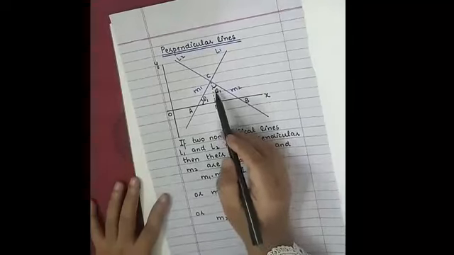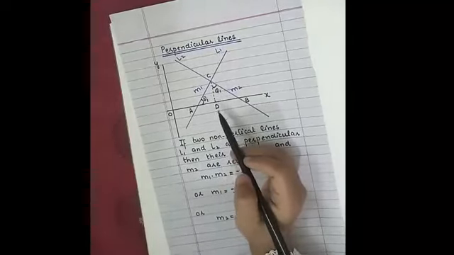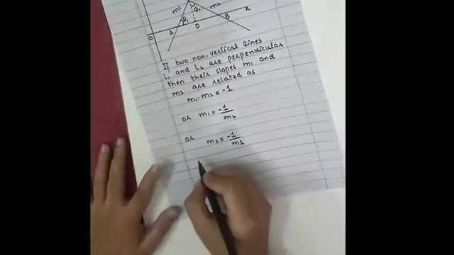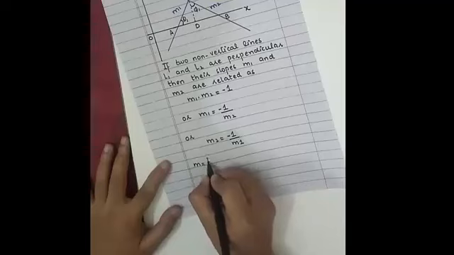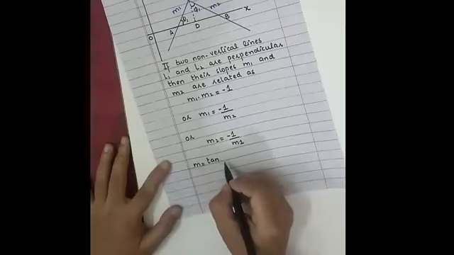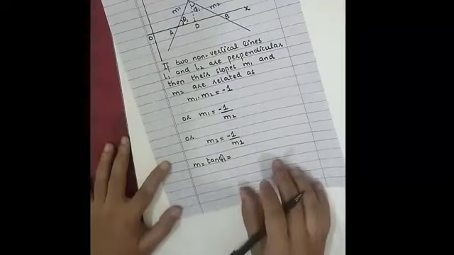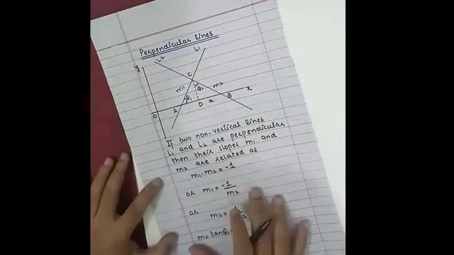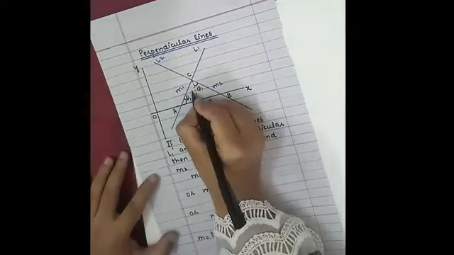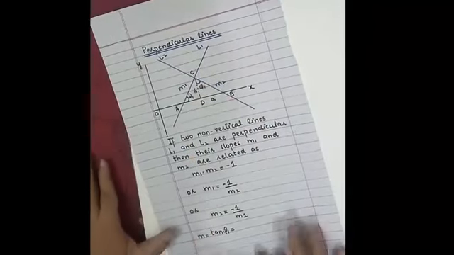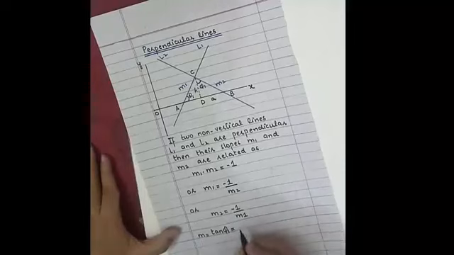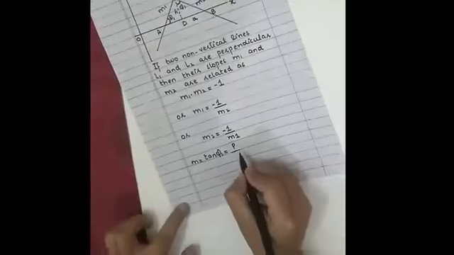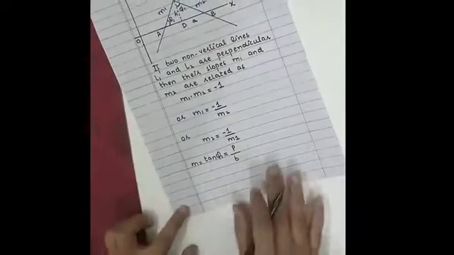Now calculating the slope. This is triangle CDB. We know the slope M is equal to tan of the angle. Let's suppose this side is A and this side is H. So tan is equal to perpendicular divided by base.